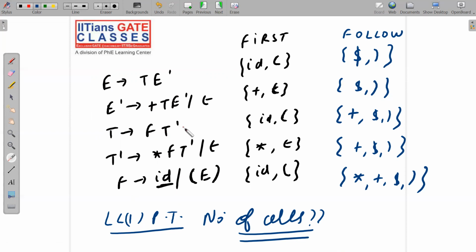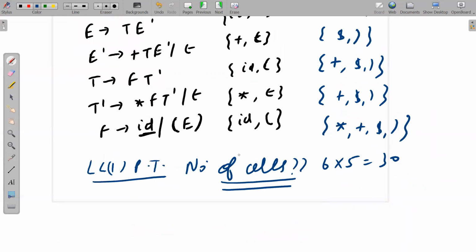So a total of 6 terminals and 5 non-terminals. So 6 into 5, that is 30. So the generalized formula will be what? Number of terminals plus 1, multiplied by non-terminals. That is the generalized formula.